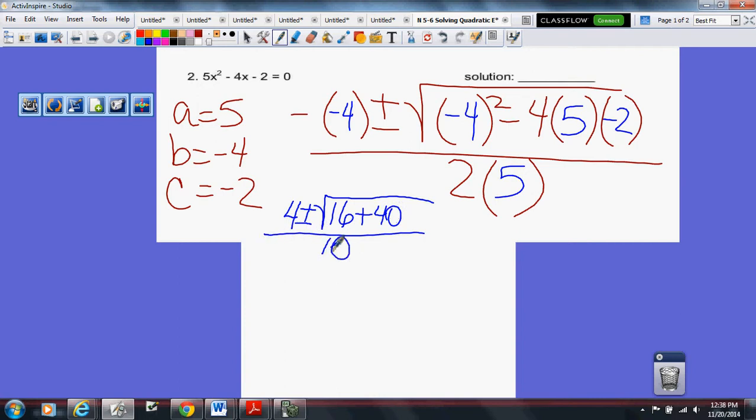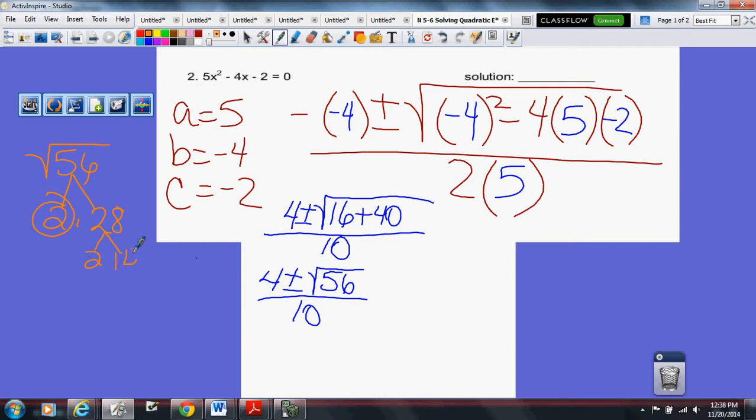Well, I recognize that that's really 4 plus or minus the square root of 56 over 10. But don't forget what we did on the assignment yesterday on radicals. I know that the square root of 56 is really 2 times 28, and then 2 times 14, and then 2 times 7.